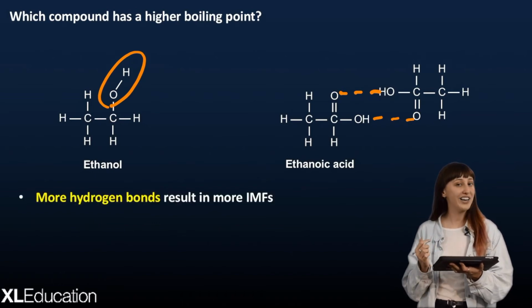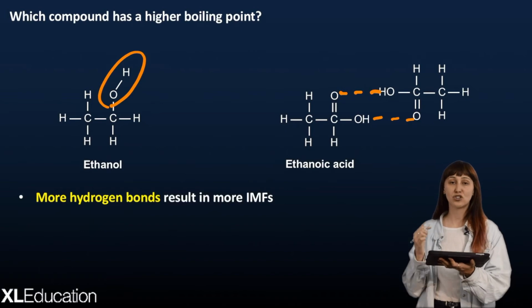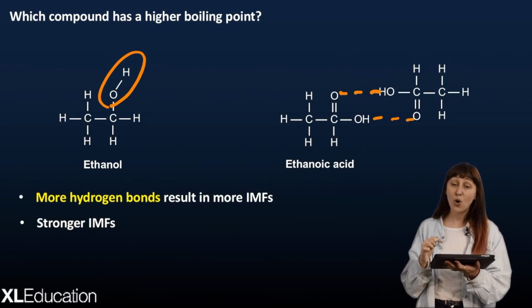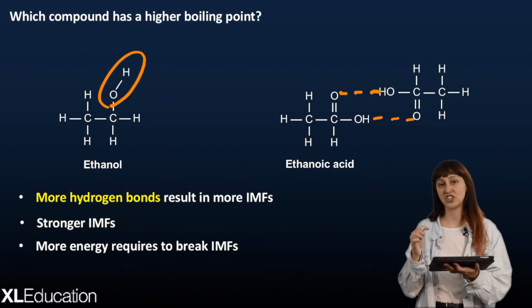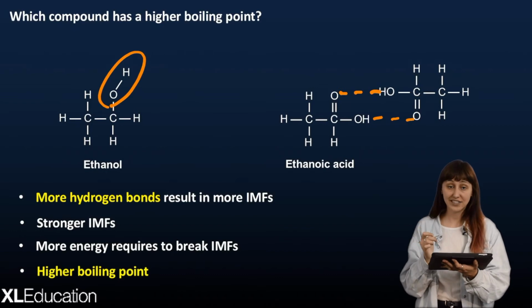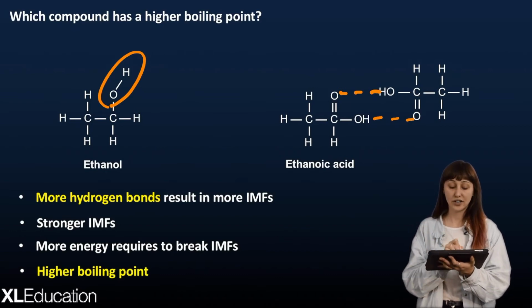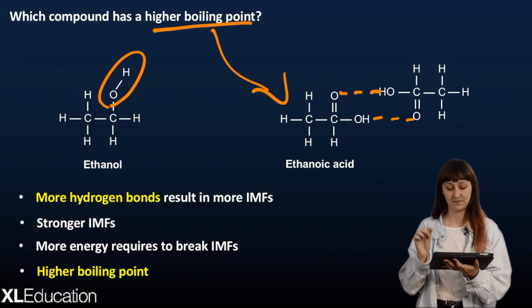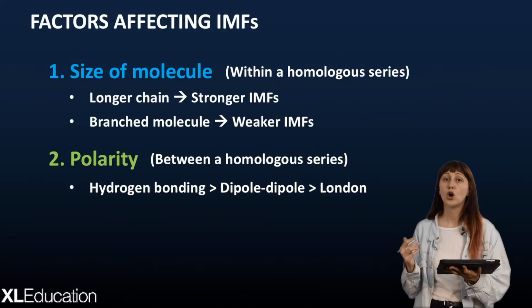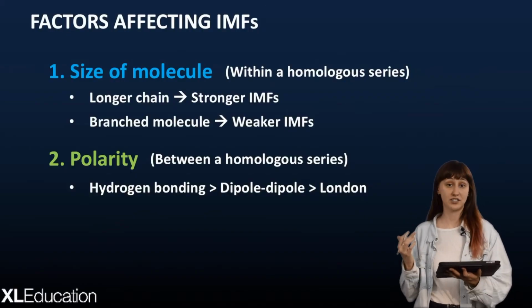So if there are more hydrogen bonds, this means there will be stronger intermolecular forces. This means it will require more energy to overcome these interactions, resulting in a higher boiling point. So which of these two has a higher boiling point? It's going to be ethanoic acid. So let's remember that polarity is usually used to explain the trends in intermolecular forces when we are comparing 2 different homologous series. Let's summarize.